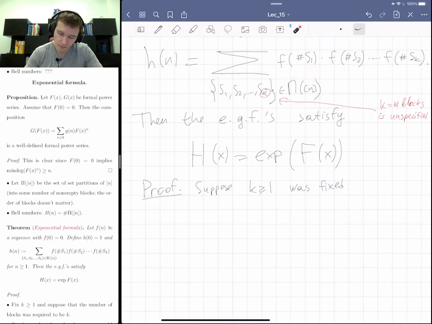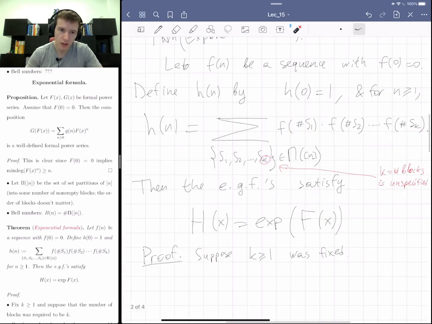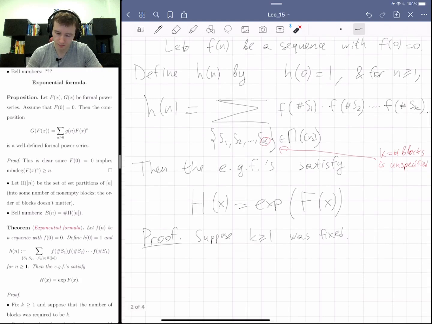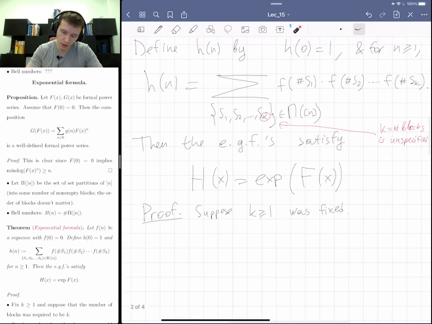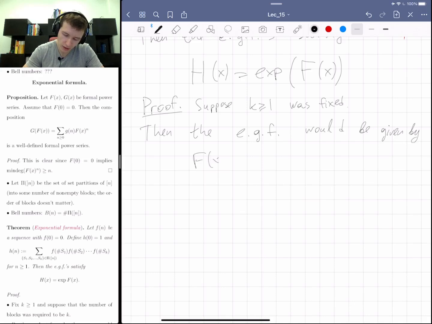But let's see what's going to happen. The claim is that the exponential generating function corresponding to each fixed k would be given by f of x to the k divided by k factorial.